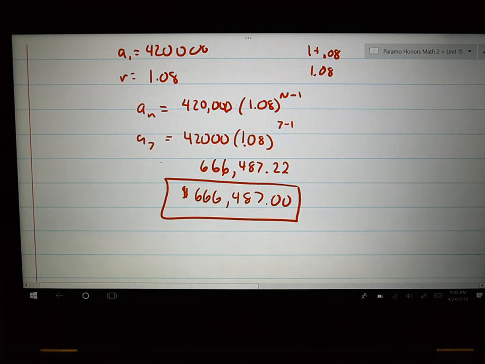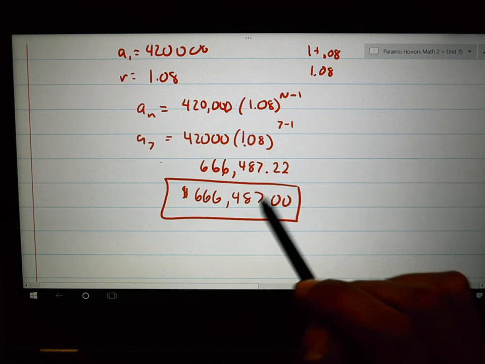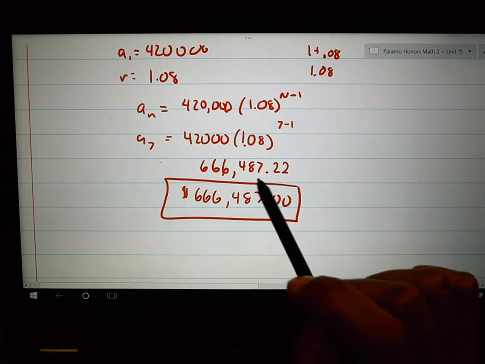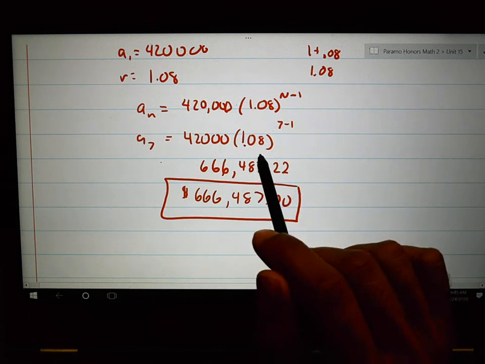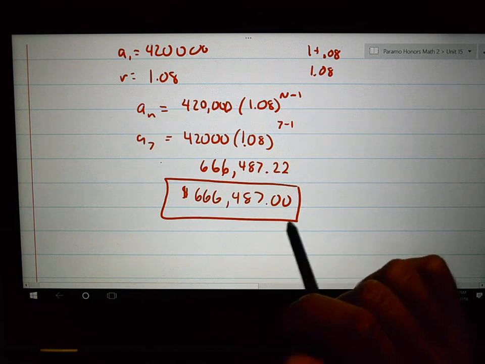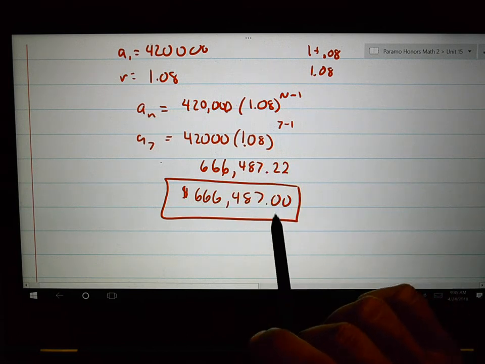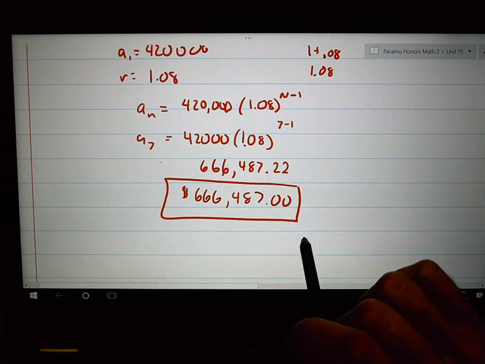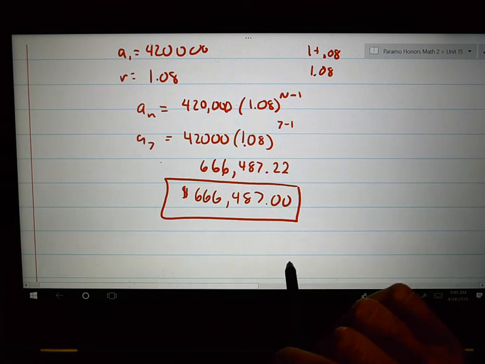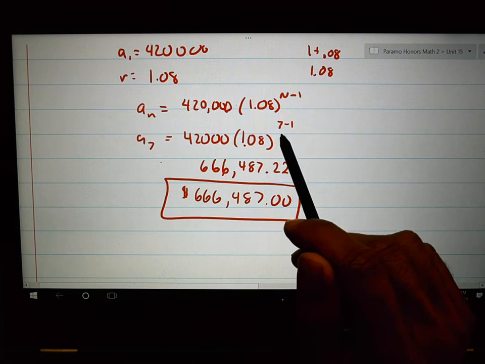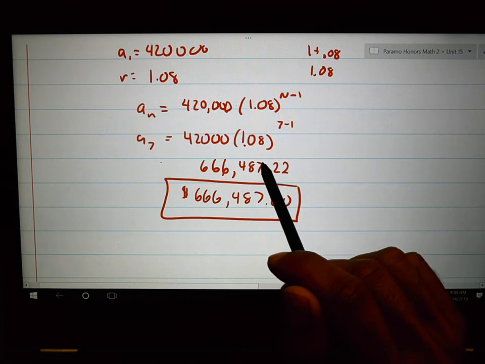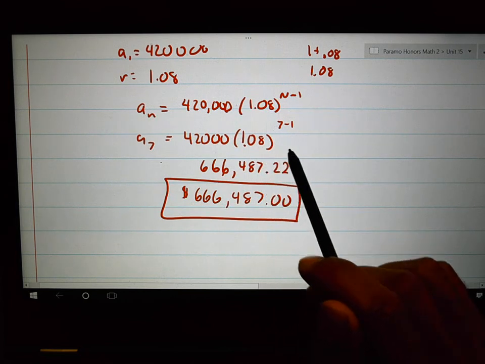Which kind of goes to show you, your parents, let's just do one last tangent. Your parents a lot of times are paying for their houses, and they're lucky if their interest rate is 4% or 3.75%. That's not to the 6th power. If they have a 30-year loan, that's to the 30th power.